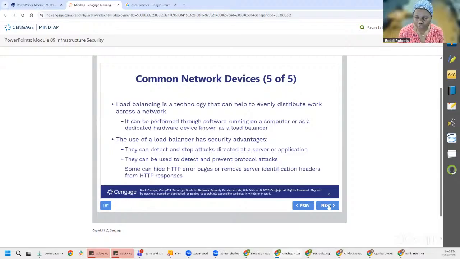Then we have load balancers. Load balancers are just the way the name implies. They are often used when you have multiple servers providing a service, for the sake of availability, because you don't want a single point of failure. So you have 5 to 6 web servers, right?